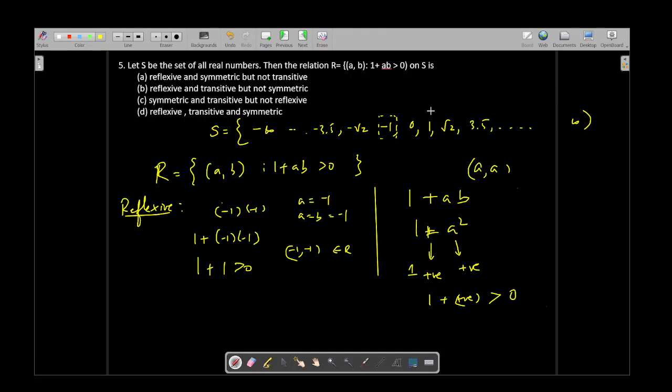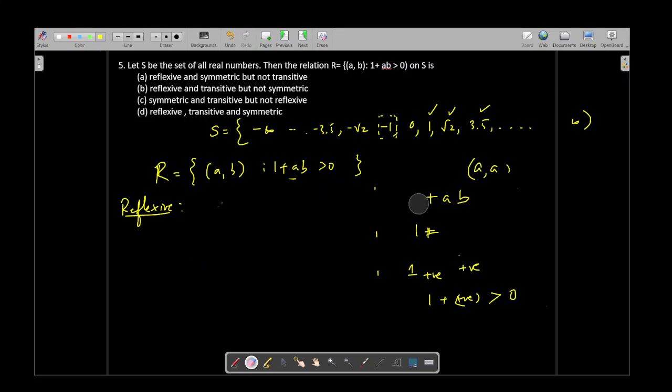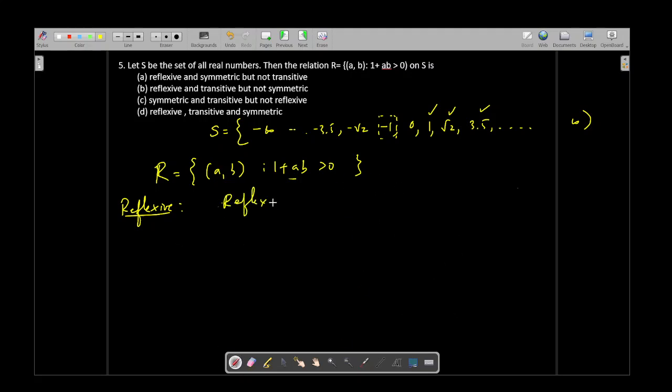So you can pair every real number to itself, which satisfies this condition. So this is reflexive. 1 plus a square is always greater than 0.